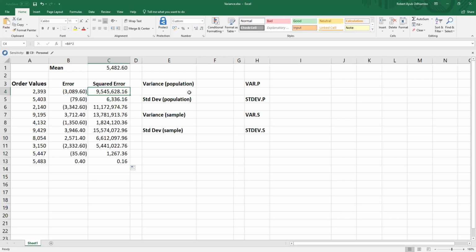Now I'll go through the calculation of the variance and standard deviation for both population and sample. I'll calculate population, but most of the time, or rather all the time, the statistics being used are for the sample, based on the fact that it is not practical or even possible to get the entire population.